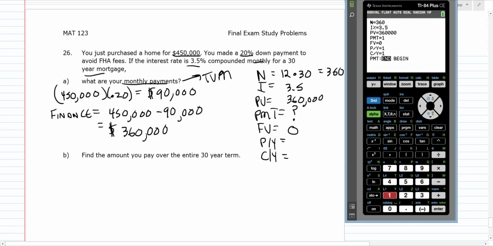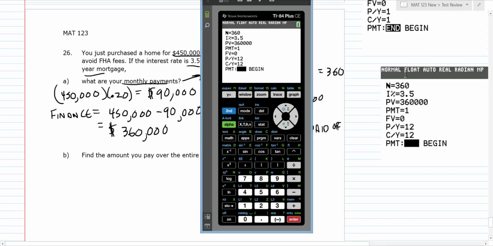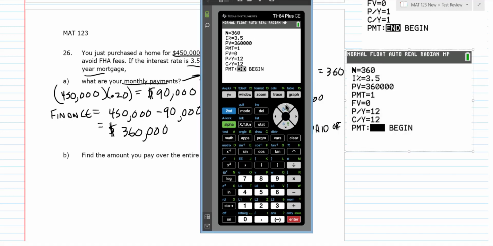The future value you're going to have paid off. So future value 0, 12 payments per year, compounded 12 per year like that. So that's how the TVM gets set up. Okay, to get our payment, you want to go to payment, get it blinking, and go alpha solve. That will give your payments.